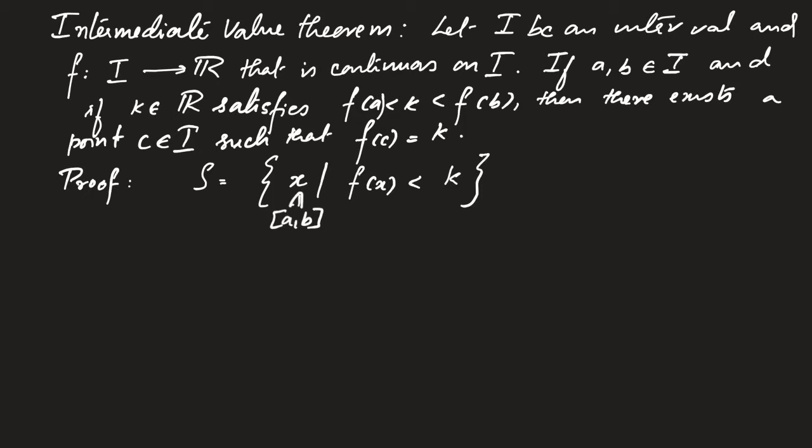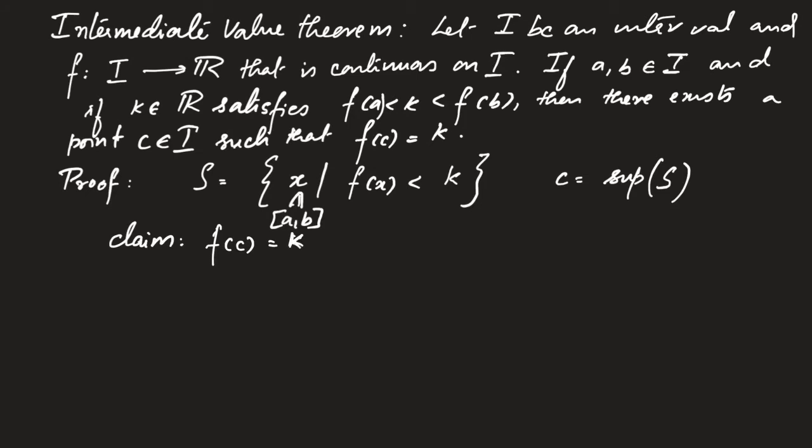Clearly this set S is bounded because it's a subset of [a, b] and [a, b] is bounded. Hence it has a supremum. So let us call c the supremum of this set S. From the way I have named the supremum of S, it is quite clear that I am going to claim that f of c is equal to k.